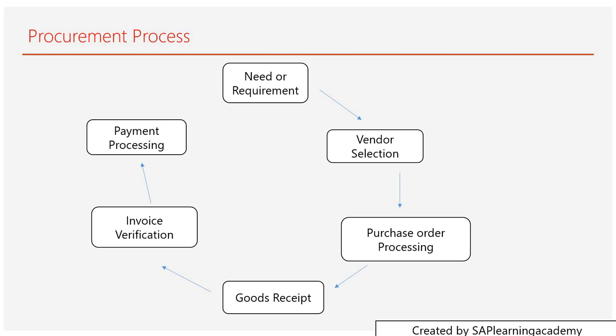After receiving the goods, you need to do a lot of verification, which we call invoice verification. Here we verify not only the money but also the quantity, the prices, and all kinds of quality checks. And then at the end comes payment processing. That's a part of this process. And again, this is just a loop I showed you in this graphical way.